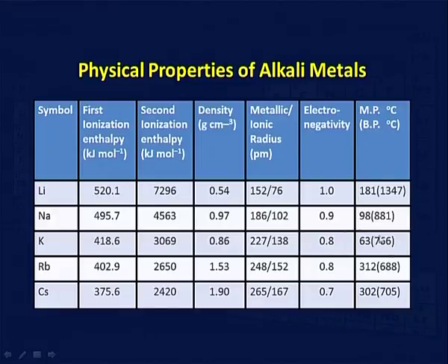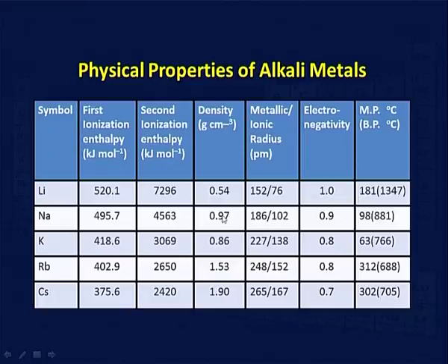There is certain variation here, because you can see 0.54, it is keeping on increasing, 0.54, 0.97, but there is a discrepancy here. This is probably because the structure and size of the atom sometimes change due to some forces which are present in it, due to addition of an additional electron in potassium.